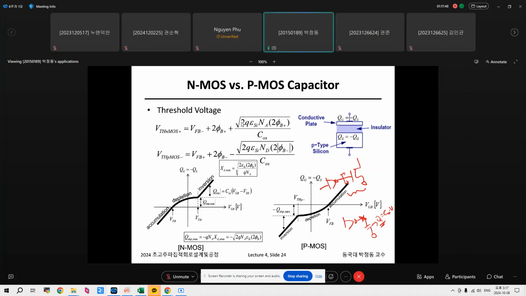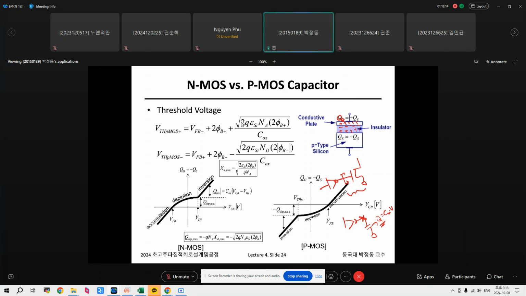this is an insulator. If you apply charge QG at the gate, right? Then let's say this is positive. Then it becomes negative because of polarization. And this becomes positive, right?